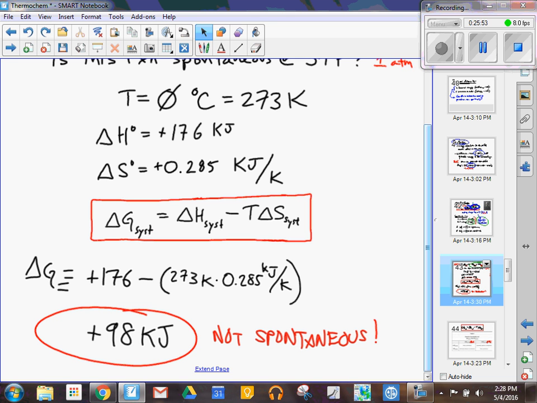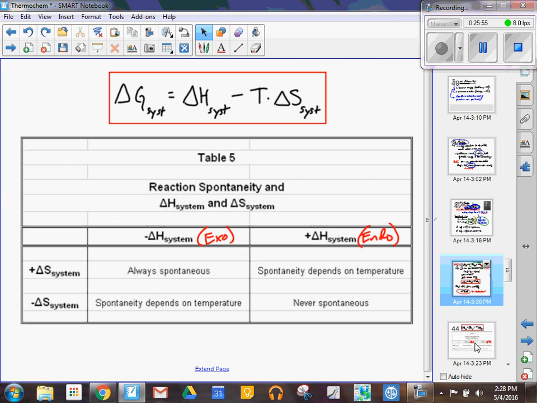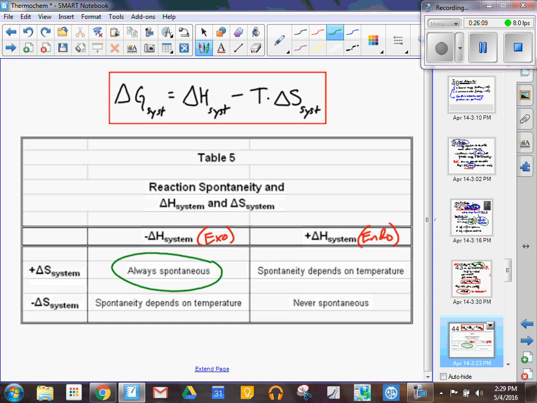And you can set up a little grid, and this is right out of your online unit, section 4, for the conditions you need for a spontaneous reaction to occur. So the things that are always spontaneous, remember, are exothermic, so negative delta H, and increase the entropy, positive delta S. Conversely, there are things that are never spontaneous.